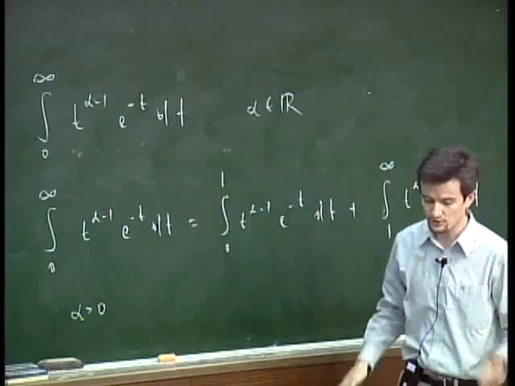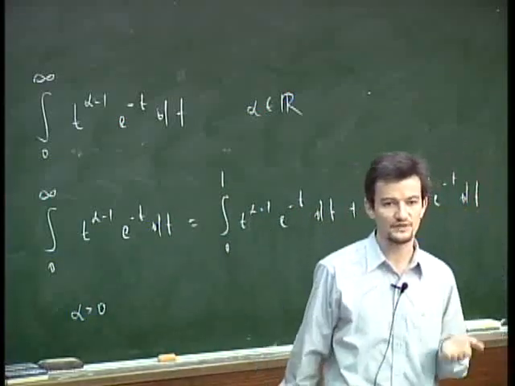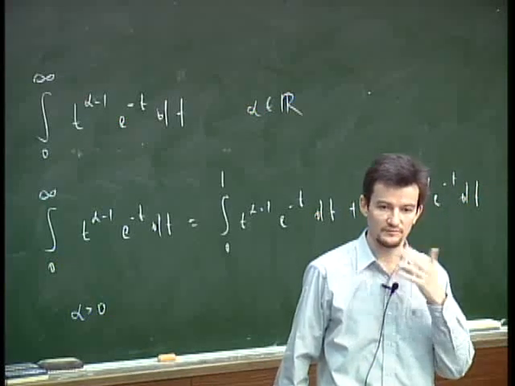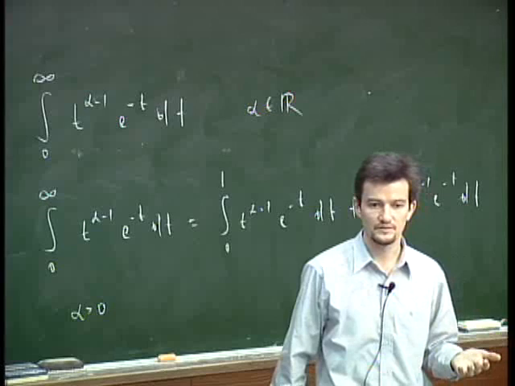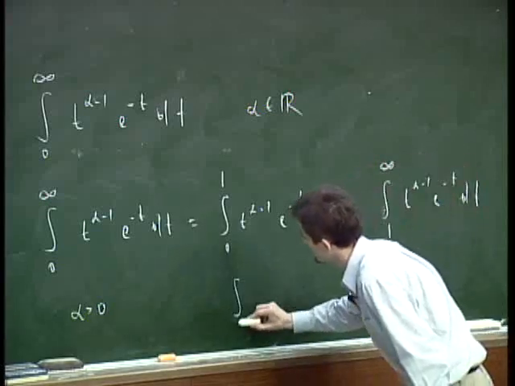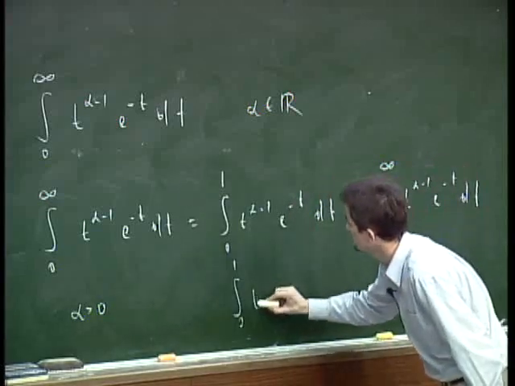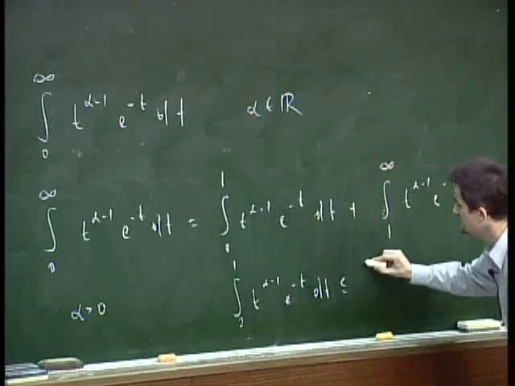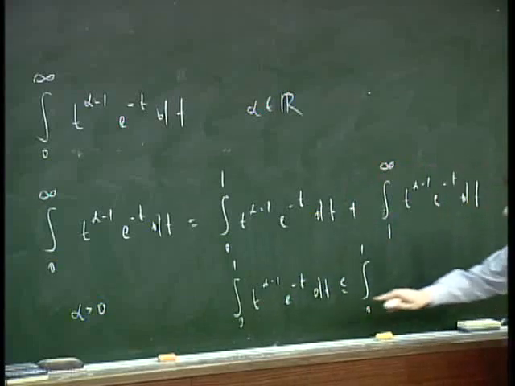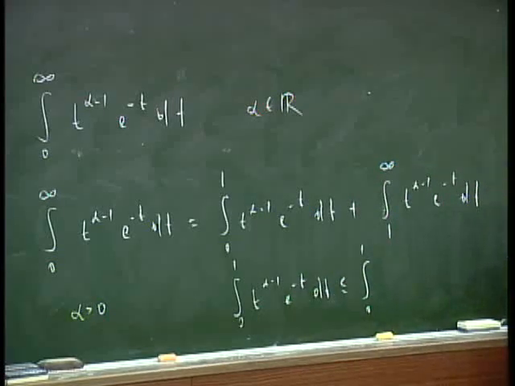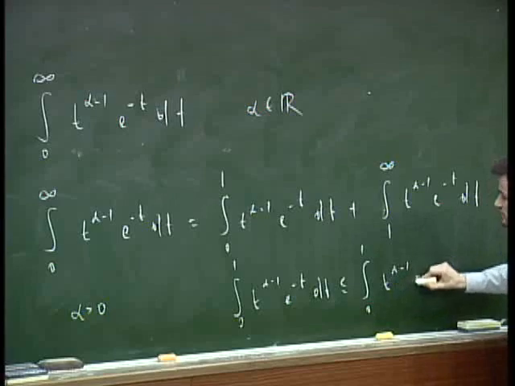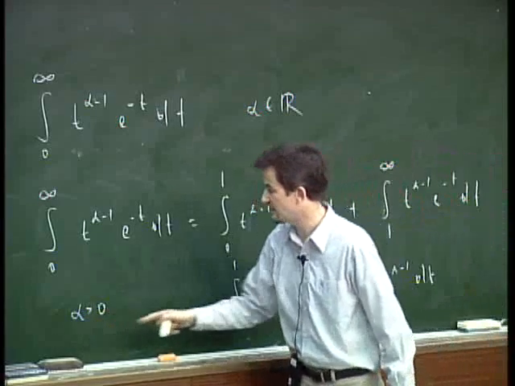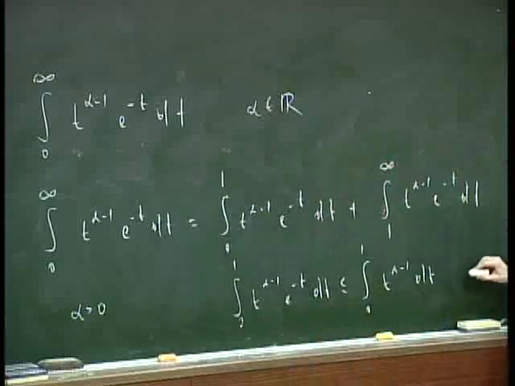I just showed you the comparison test for type 1 improper integrals, but for type 2 you have the same test. You can estimate this integral by the integral from 0 to 1, where e to the minus t is smaller or equal than 1, so you have t to the alpha minus 1 dt. And we proved before that for alpha larger than 0, this integral is convergent.